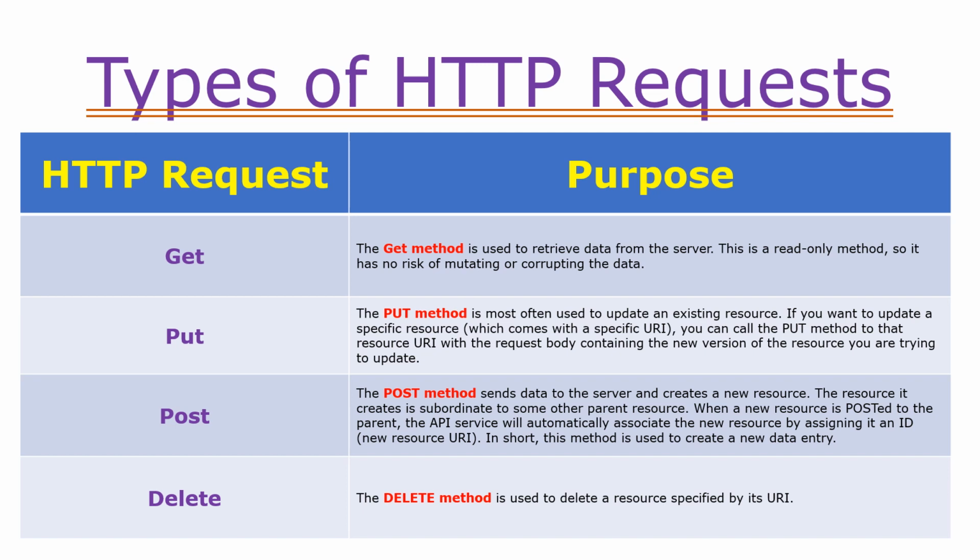Then we have the POST method. The POST method sends the data to the server and creates a new resource. So basically it installs or creates a new resource into the server. And last but not the least, we have the DELETE method, which is used to delete the resource identified by the URL.